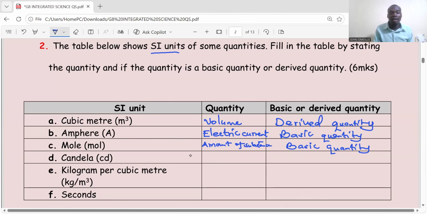Number 4, candela. So candela, that is light intensity. That is the quantity for it. Light intensity. If you want to measure how strong, or rather how low the intensity of light is. And that one is, again, a basic quantity.